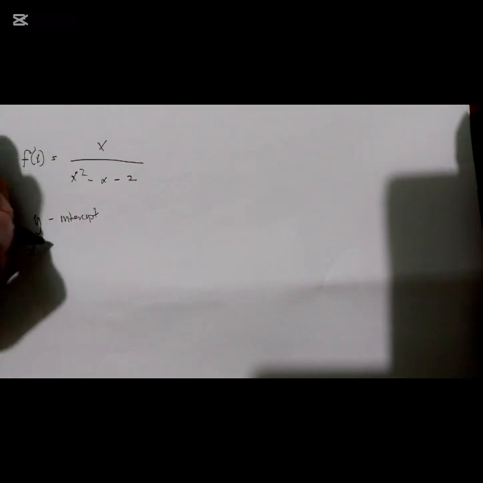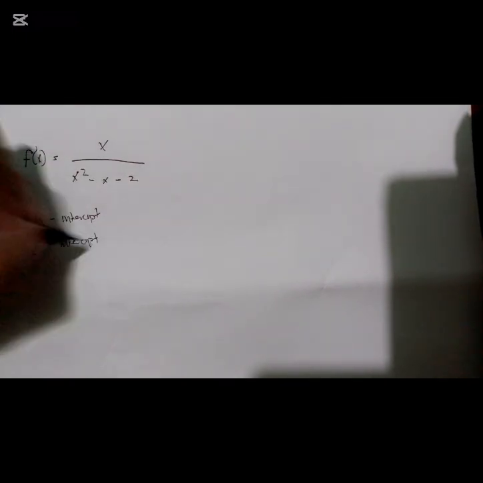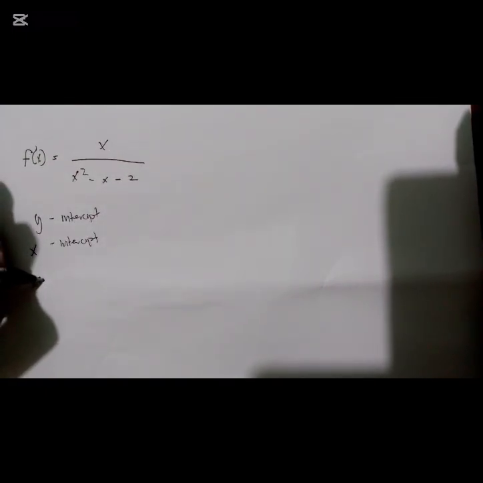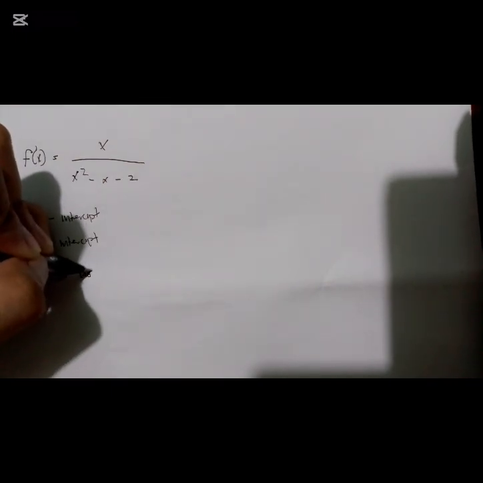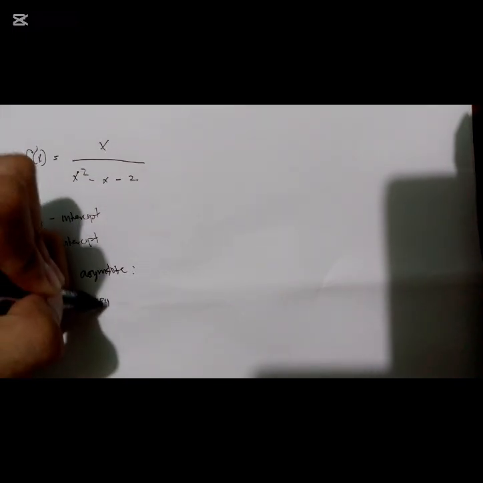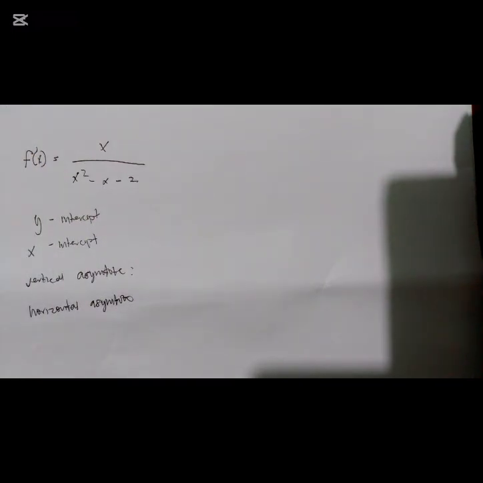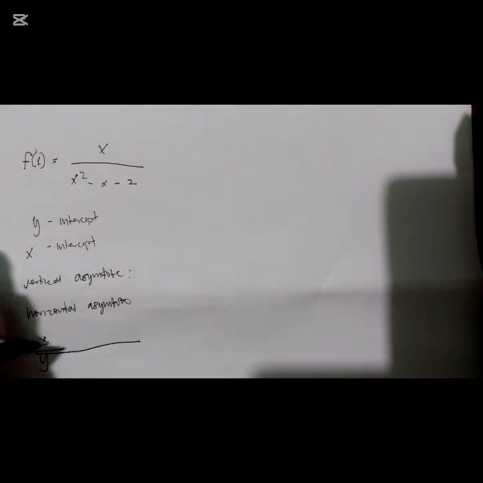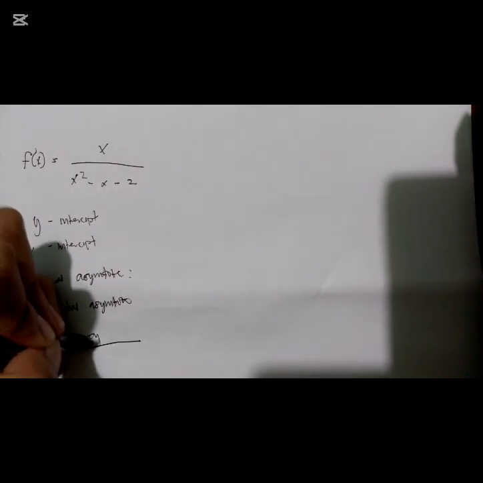What we're going to do is find the y-intercept, the x-intercept, the vertical asymptote, the horizontal asymptote, and then the table of x and y values for the graph.